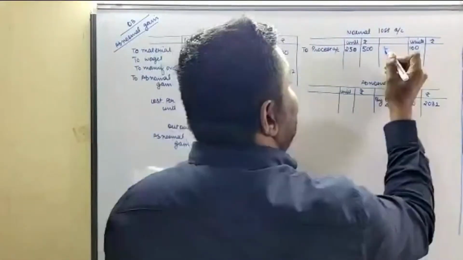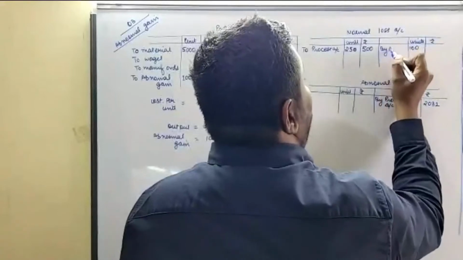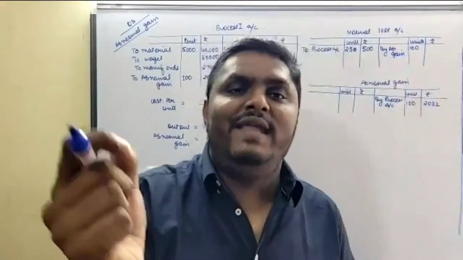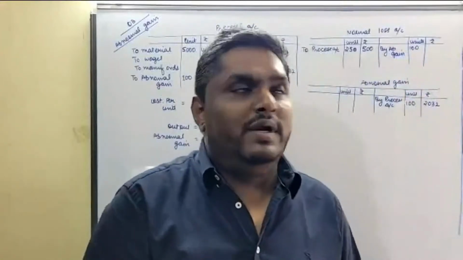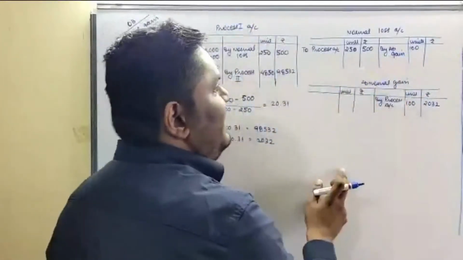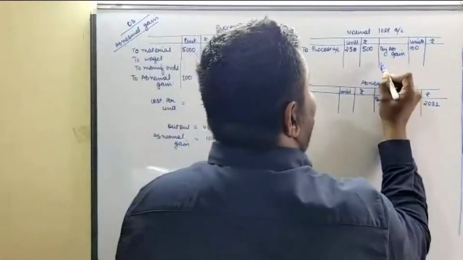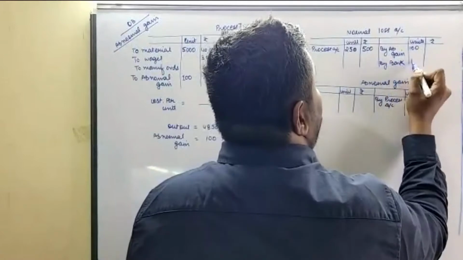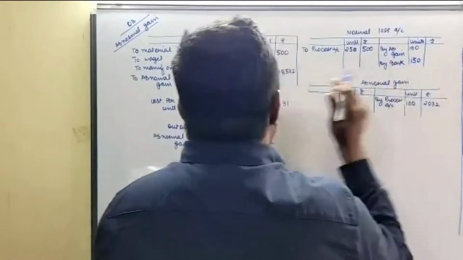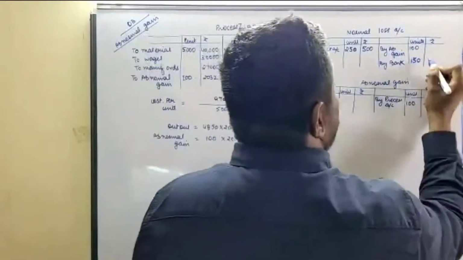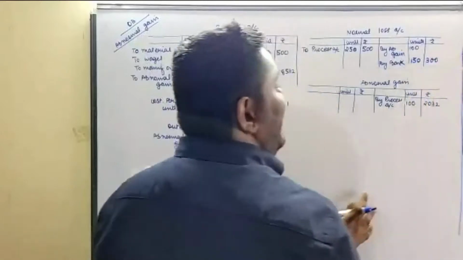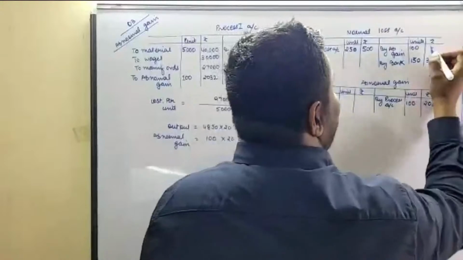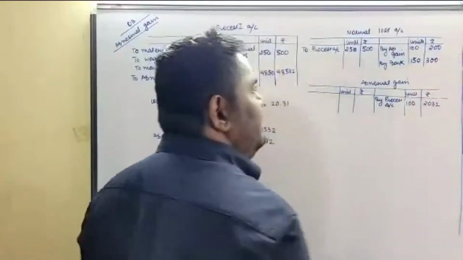We can say that it is an abnormal gain of 100 units, or we can say there is a saving in normal loss of 100 units. So these 100 units will be adjusted against abnormal gain, and the balance number of units that are sold is only 150 units at the rate rupees 2 per unit. So the units that are sold actually are only 150 units. The balance will be adjusted against abnormal gain, that is of 100 units.